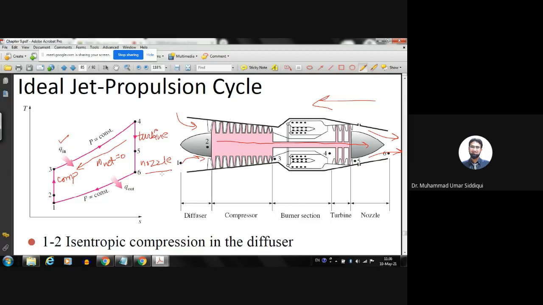Our objective here is to produce high velocity exhaust.